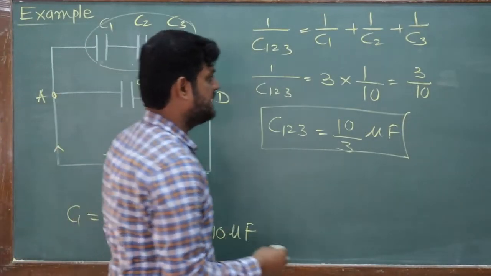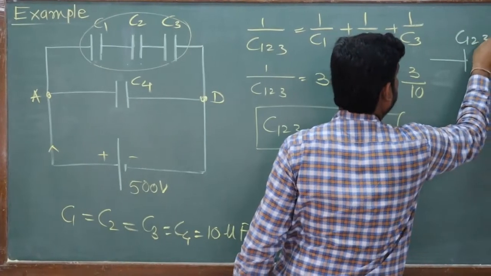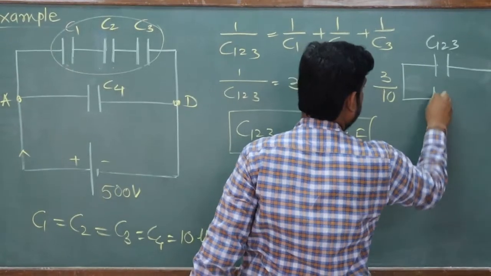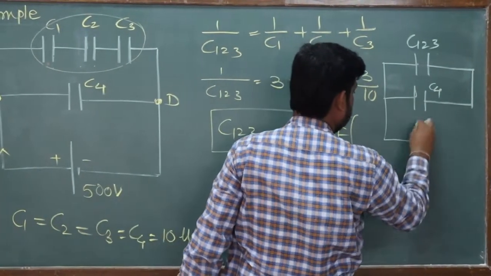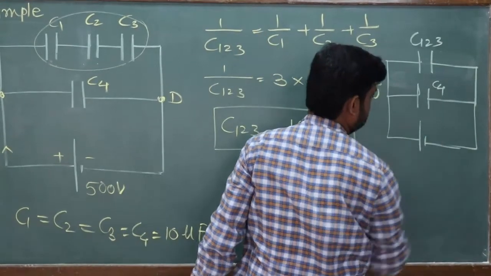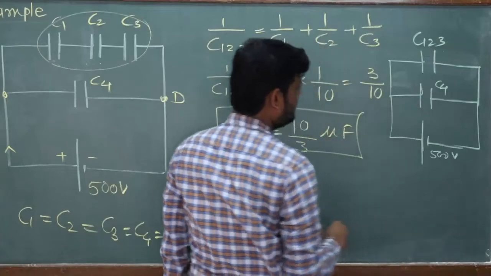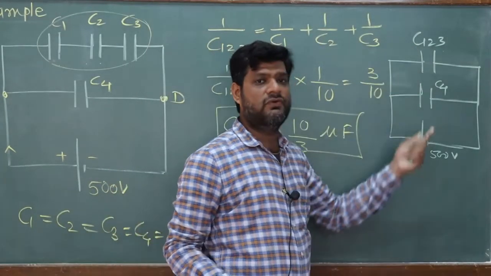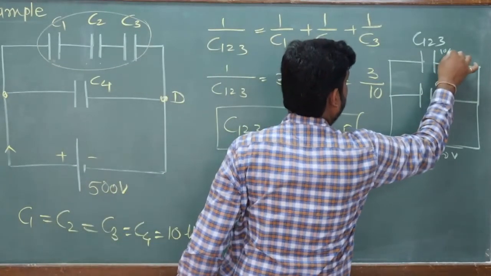So diagram will be like this. So this is the C123, by solving these 3 capacitors, right? Here is the C4, and this is the battery of 500 volt. Now what we can say that C123 and C4 are in parallel. So the value of it is 10 by 3.